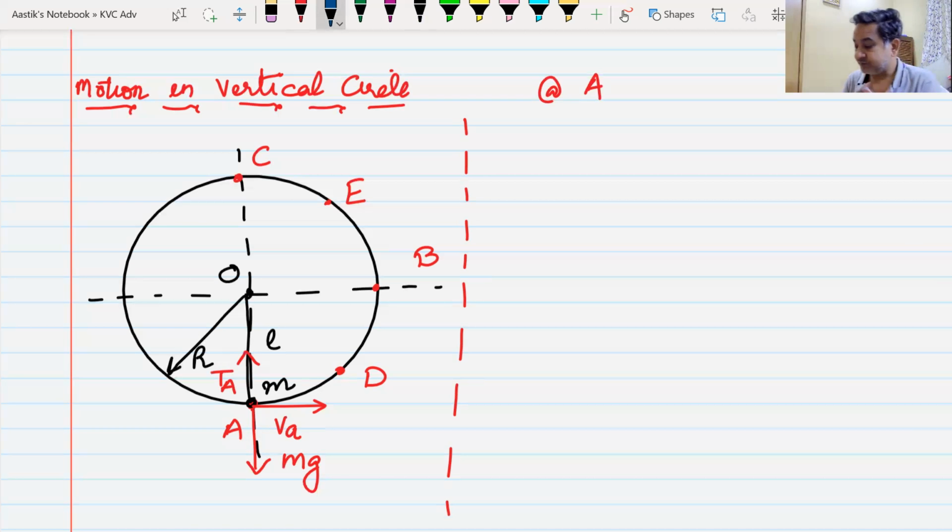Yes, TA equals mg. Why T is equal to mg? Who is going to provide it with the centripetal force? God will come, okay, this is moving in a vertical motion, I have to go and give it the centripetal force.